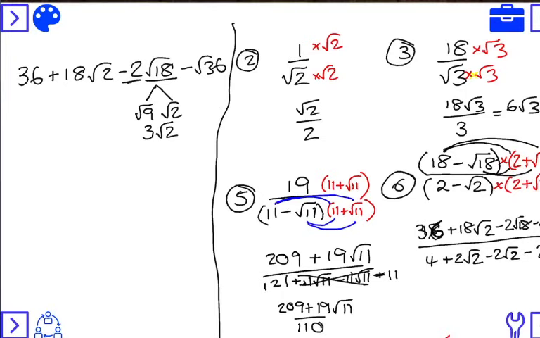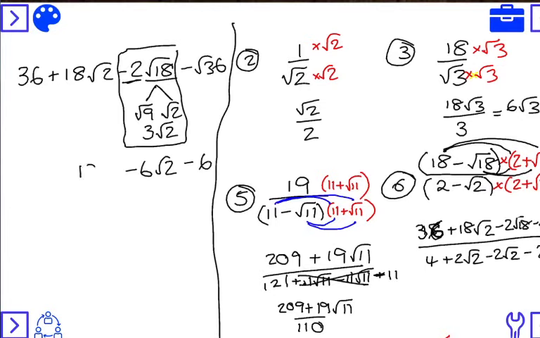Now this is also being multiplied by negative 2. So altogether, if I look at how this could be rewritten, I've got minus 6 root 2. The root of 36 is 6, so put the negative sign in front of it.